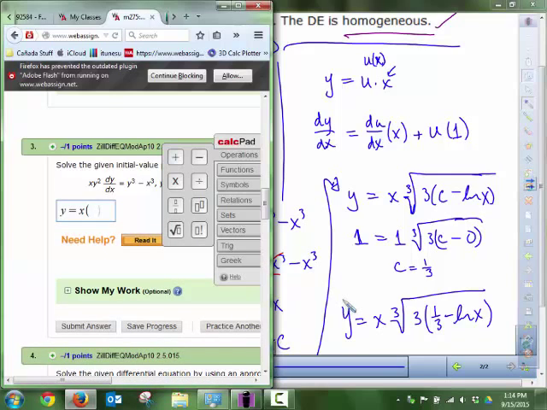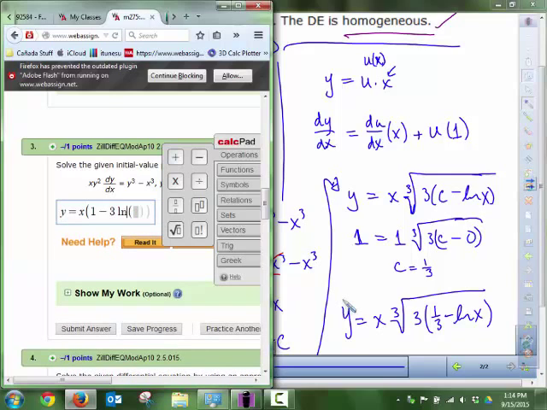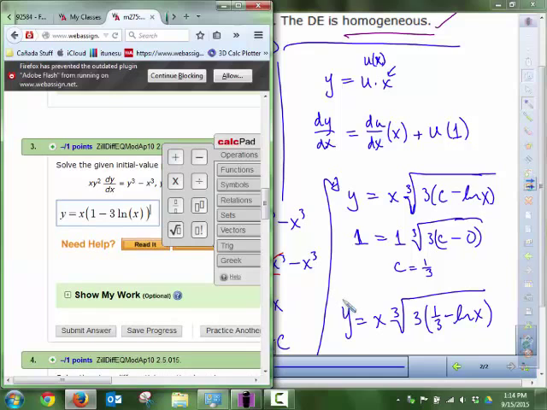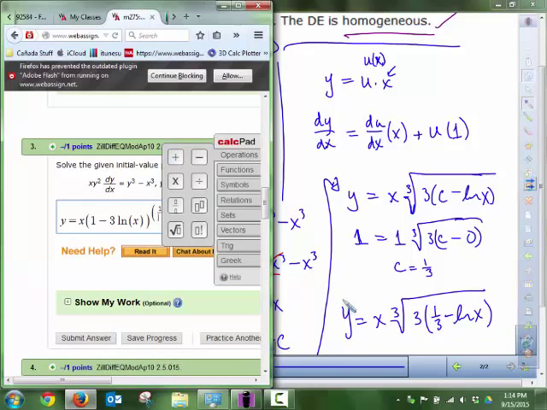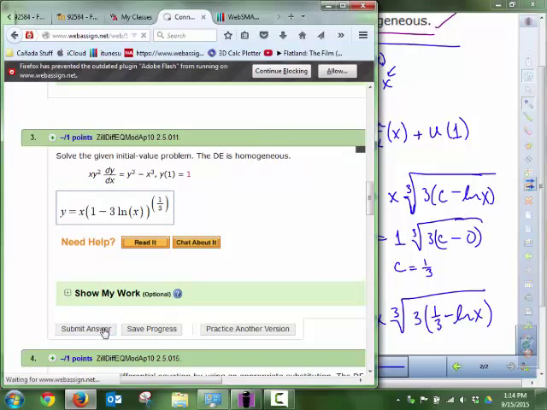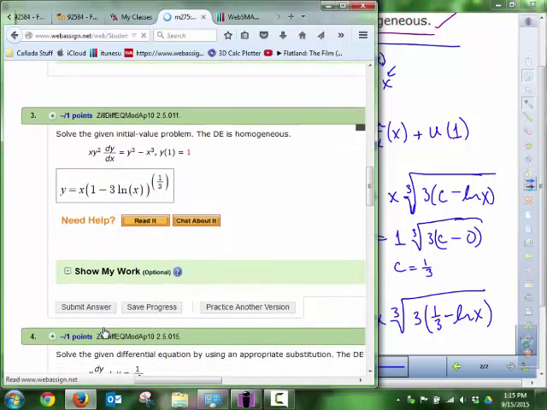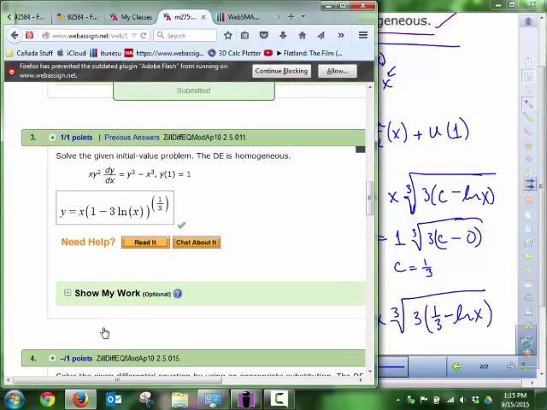It looks like 1 minus 3 ln x, raised to the 1/3 power. Oh, it looks good. That worked out.